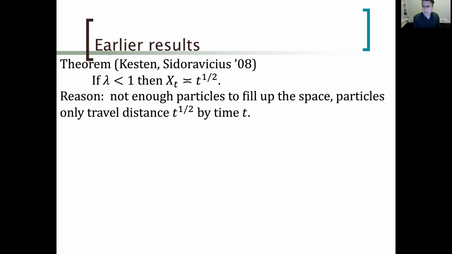The reason is basically there are not enough particles around for it to grow any faster. For it to grow length L, you need at least L particles, but initially you have a Poisson number of particles with mean lambda times L, which is usually much smaller than L. So you need to wait long enough for enough particles to get close to the aggregate. And because they're moving diffusively like random walks, you get square root of t as the right growth rate.